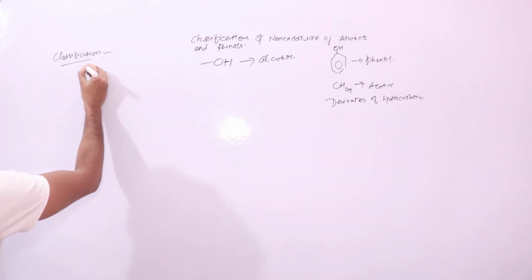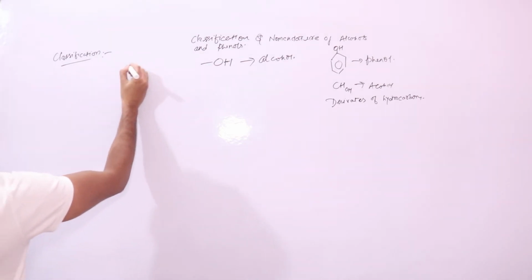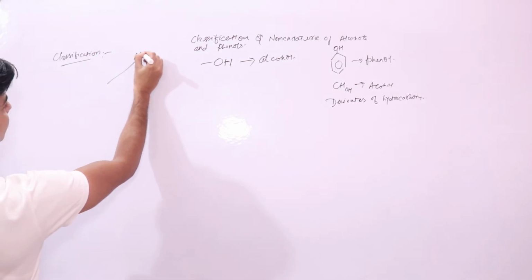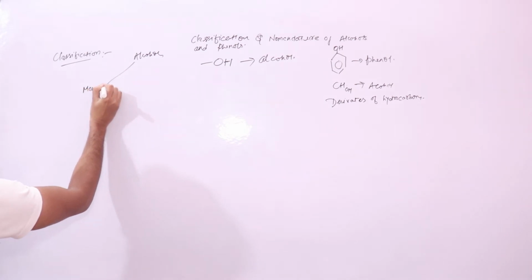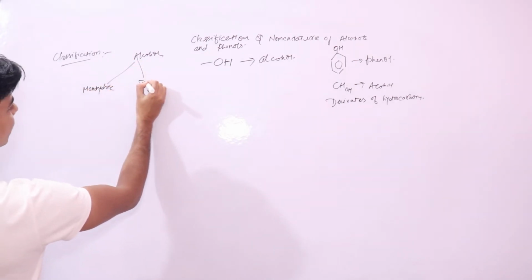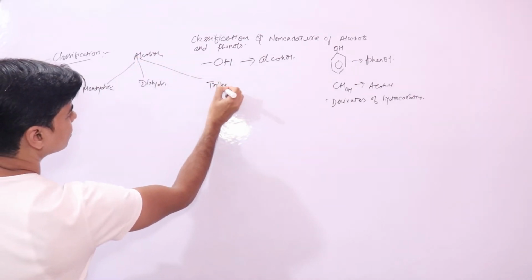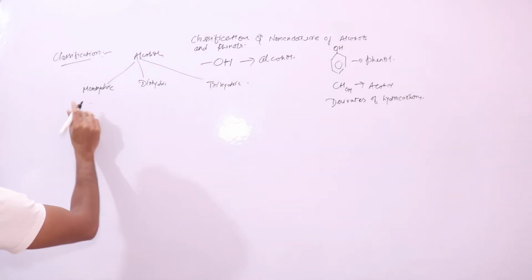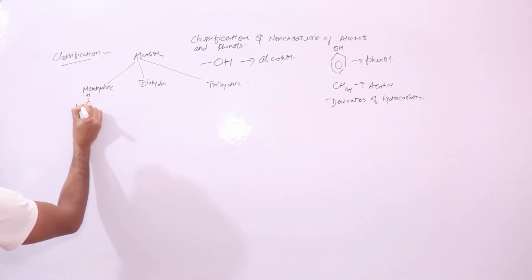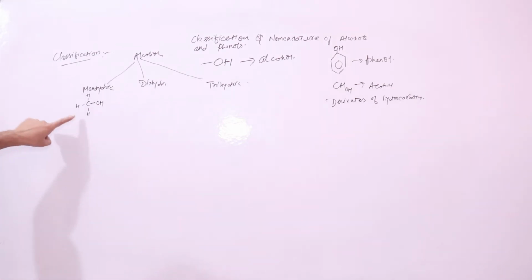So alcohols are mainly monohydric, dihydric and trihydric. A monohydric alcohol: this is your methane, and if I replace one hydrogen atom with one OH group, what I get is a monohydric alcohol.